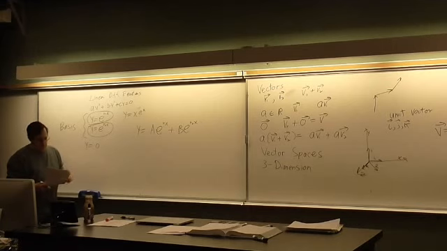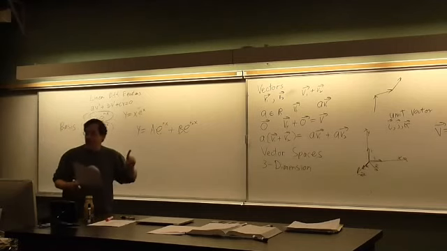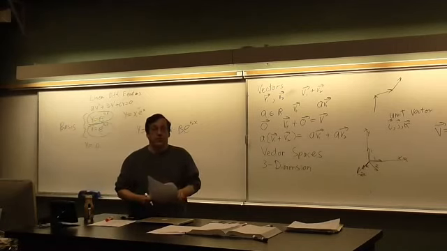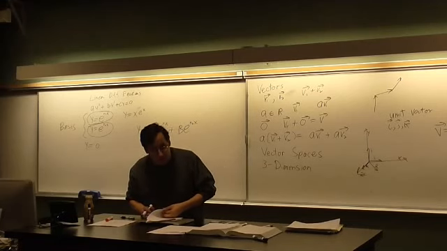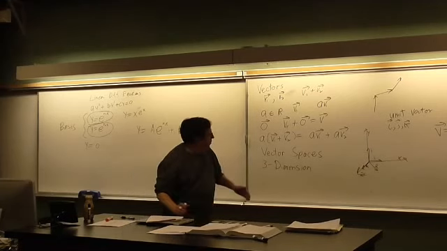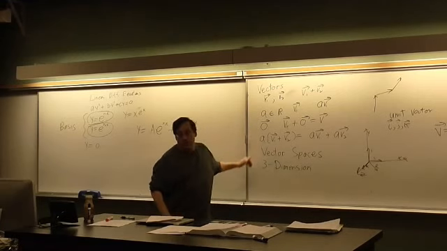I don't want you to think that there are like two kinds of vectors in the world: the solutions to differential equations, and then the pointing ones. There are lots of different vector spaces with all kinds of mathematical objects in them. All they have to do is follow these rules, and then we can call it a vector space.